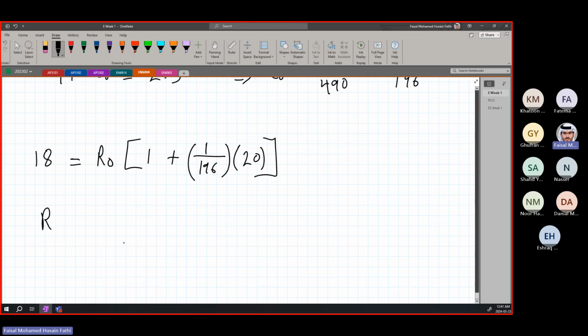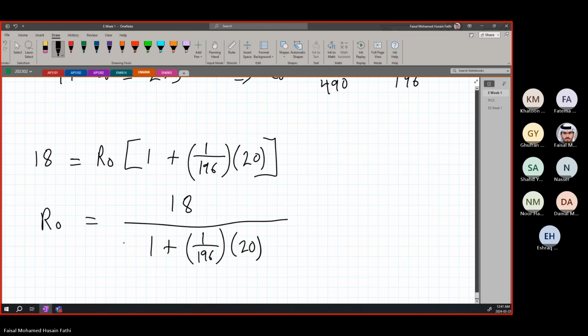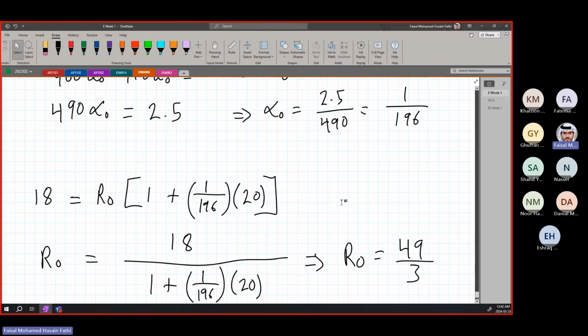So R0 is going to be equal to 18 divided by 1 plus 1 over 196 times 20. You put this in the calculator and you will find that R0 is equal to 49 over 3. I'm going to keep it in this form so that we don't have too many decimals to deal with.